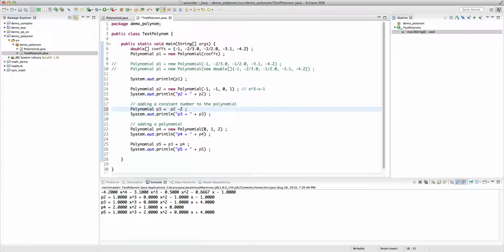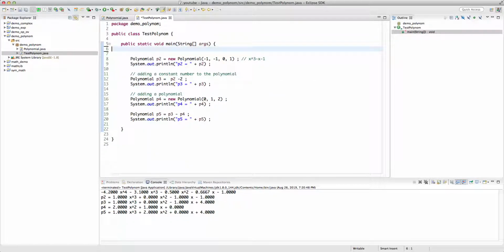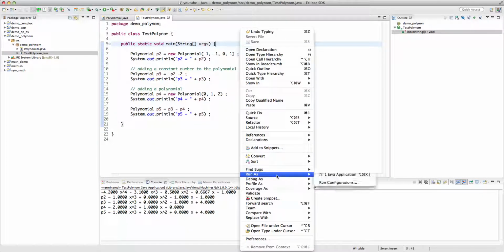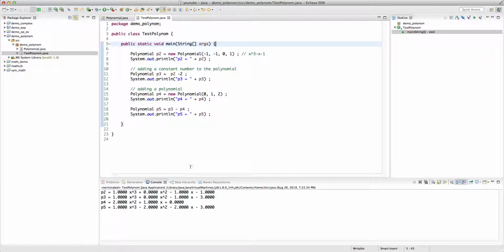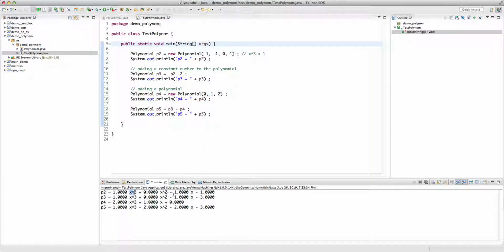Okay, and test here. P2 minus 2, P4, P3 minus P4. I'm going to comment the rest out, or maybe just remove them. So P2 is x cubed 0x squared minus x minus 1, and P3 is P2 minus 1. So x cubed is the same, x squared is 0, minus x minus 1 minus 2 is minus 3.